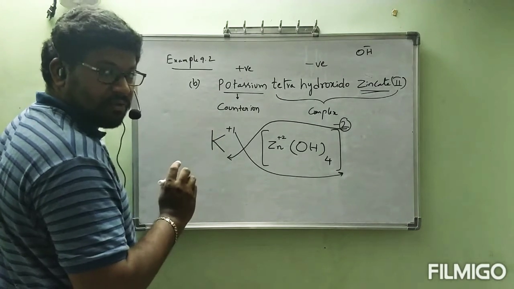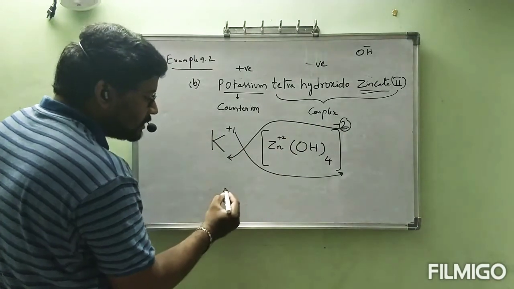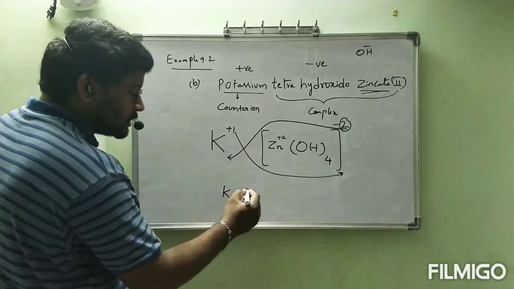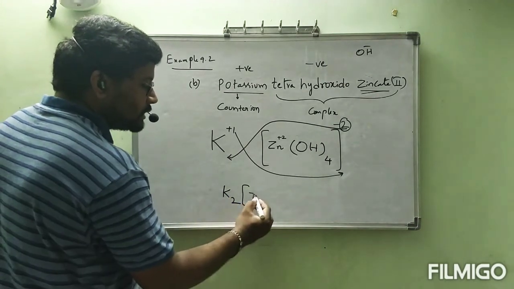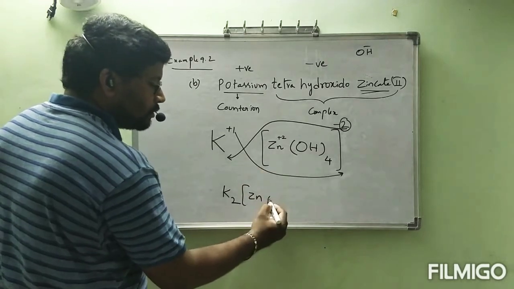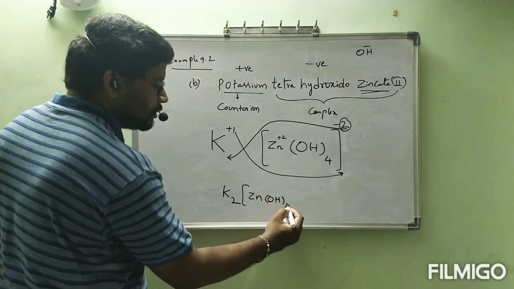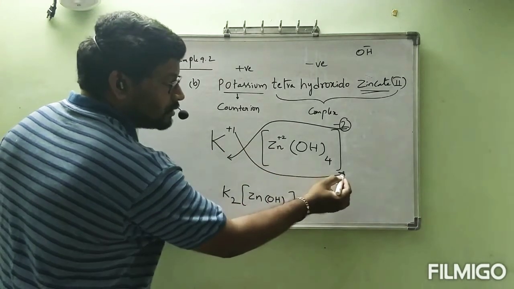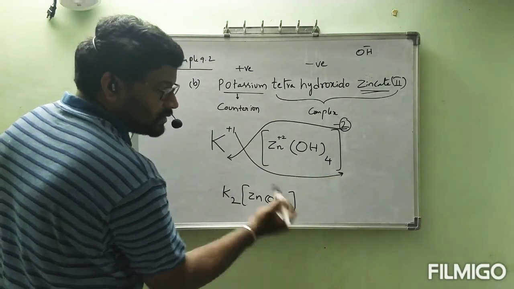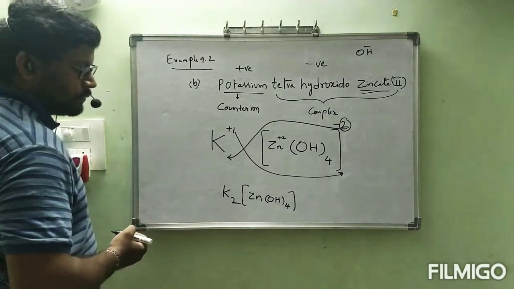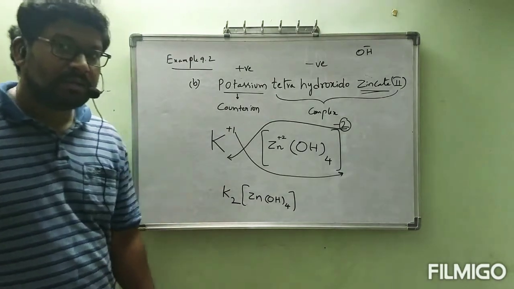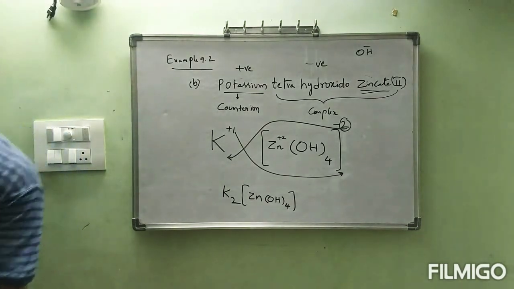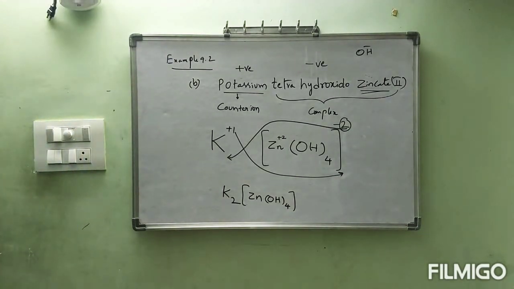Now I will write the formula. See, this 2 I am writing here, then it will become K2, square bracket, Zn, OH 4. Here 1, that 1, no need to represent 1. This is the final formula. K2[Zn(OH)4]. All of you observe.